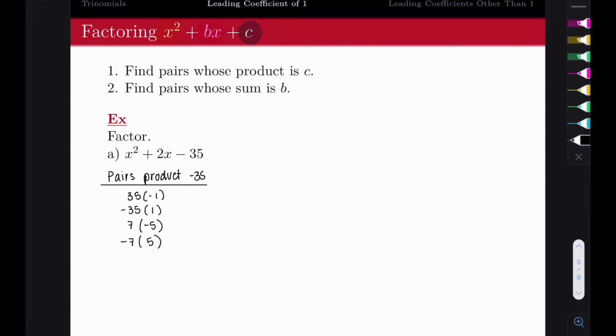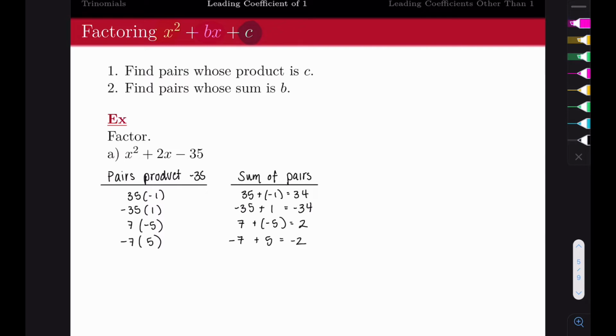Then I'm going to figure out what the sum of these pairs is, and this is where we want it to match the middle number. For the first one, 35 plus negative 1 gives us 34. Negative 35 plus 1 is negative 34. 7 plus negative 5 is 2. And then negative 7 plus 5 is negative 2.